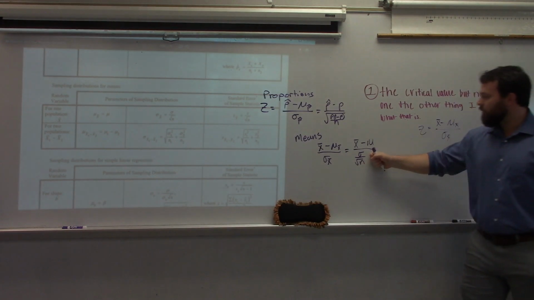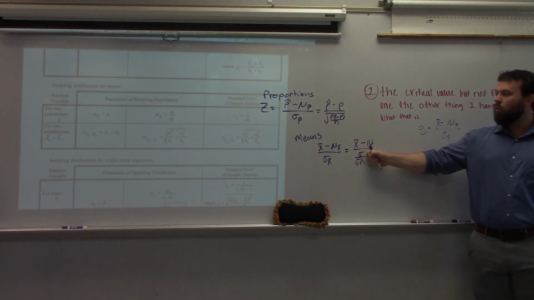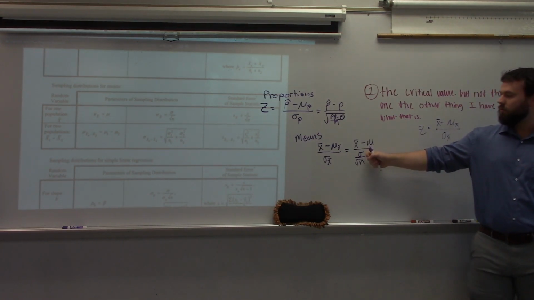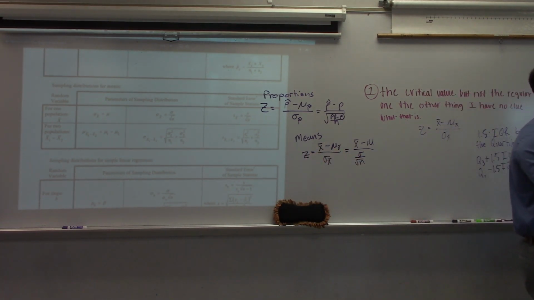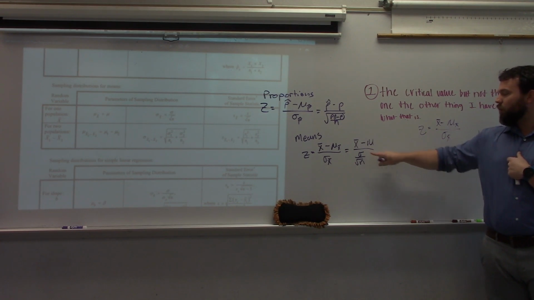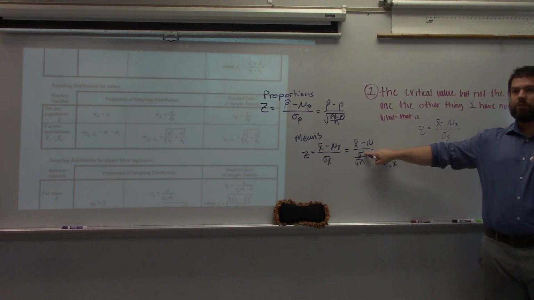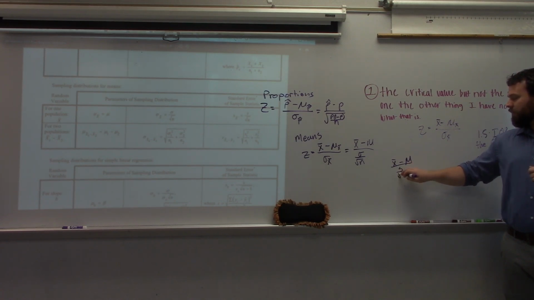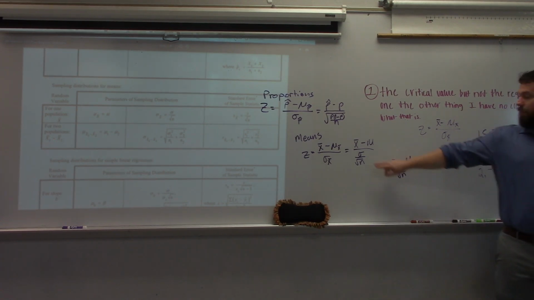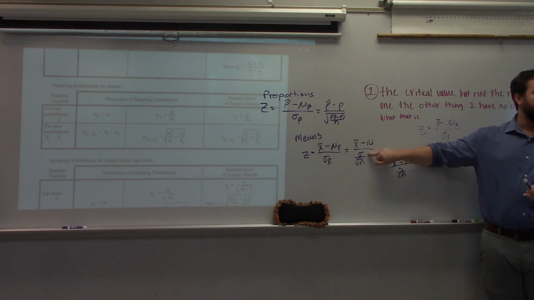If we actually have the population standard deviation, what test statistic can we still use? Z. But we looked at that thing last week, the applet, right? If you don't have sigma, you have to use what? Instead of sigma, you would use S, right? It would still be sample mean minus mean divided by S divided by the square root of n. That population standard deviation does not change.